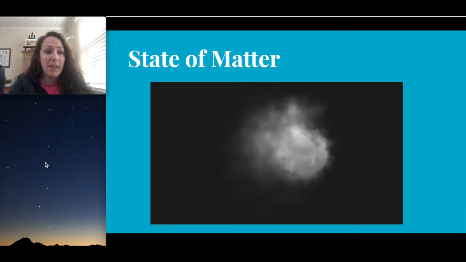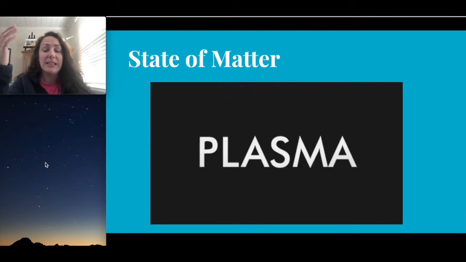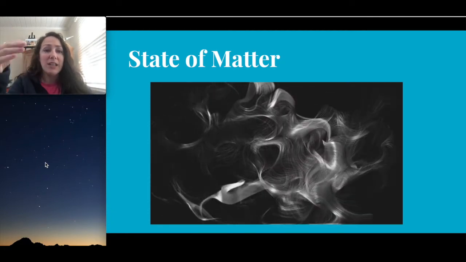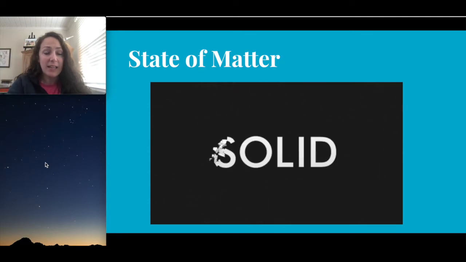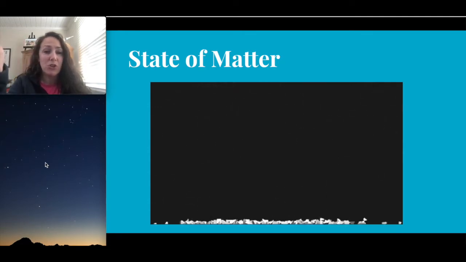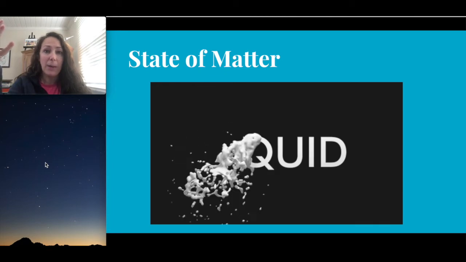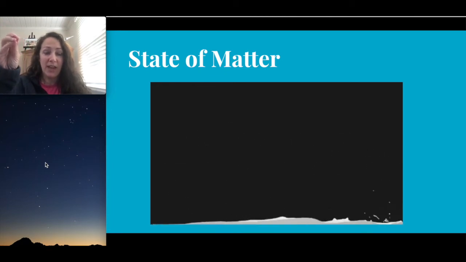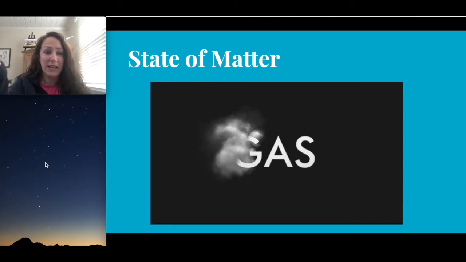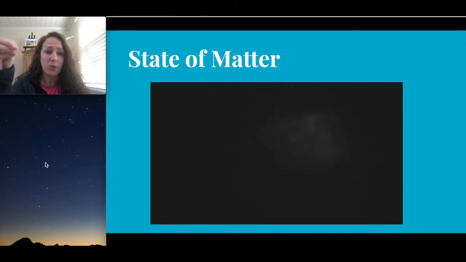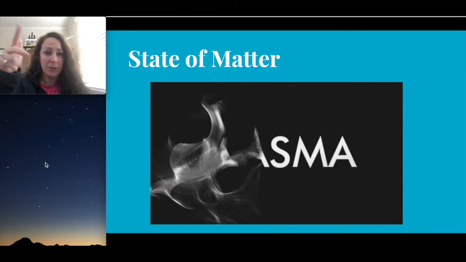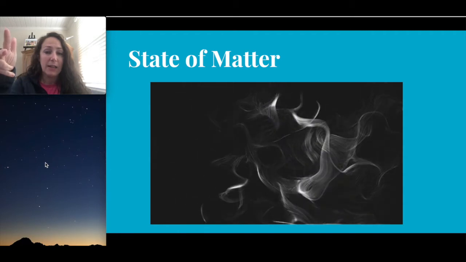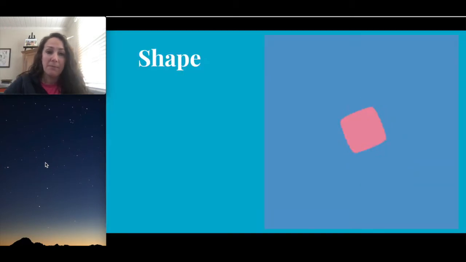If I let it melt into liquid water, it's still H2O. If I boil it until it evaporates, it's still H2O. Changing the temperature didn't change anything about the chemical makeup of that water. It's always still going to be H2O, okay? So again, state of matter, solid, liquid, or gas is a physical property.